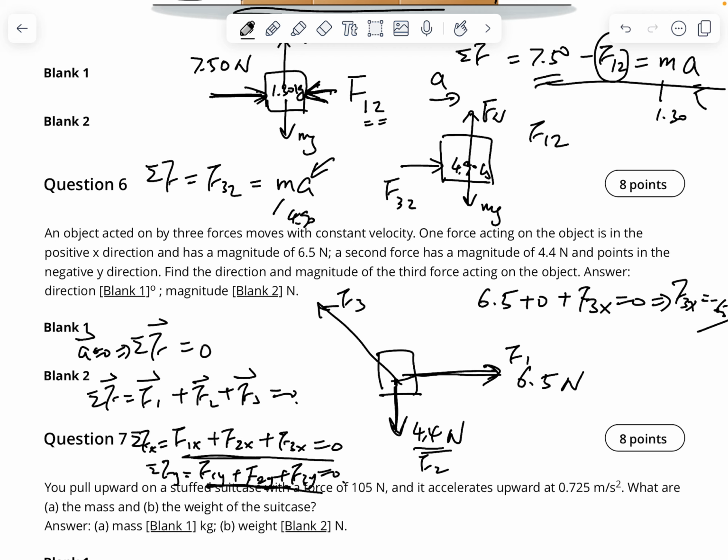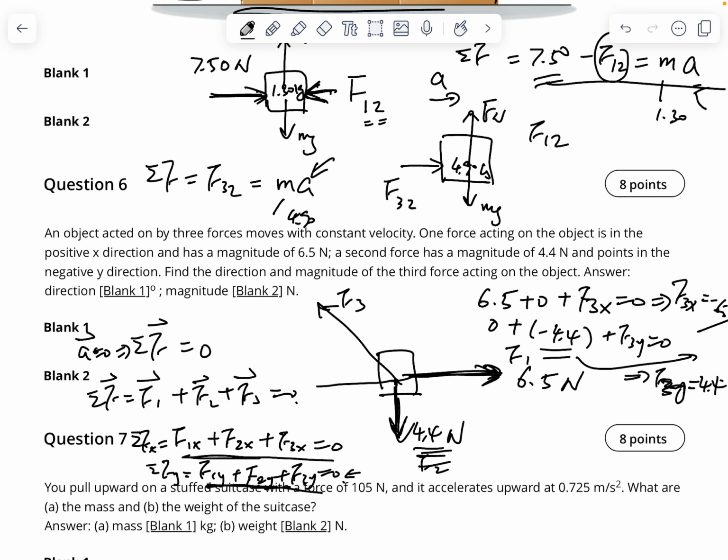And the same idea for the y equation. F1y is 0, plus F2y, which is negative 4.4 since it is in the negative direction, plus F3y is 0. This tells us that F3y equal to 4.4. So we know that F3y is 4.4 and F3x is negative 6.5.